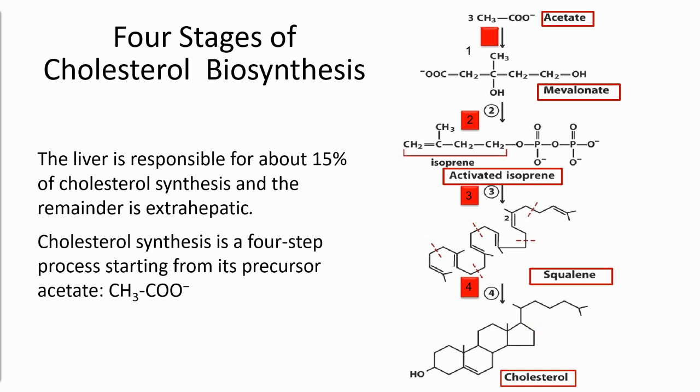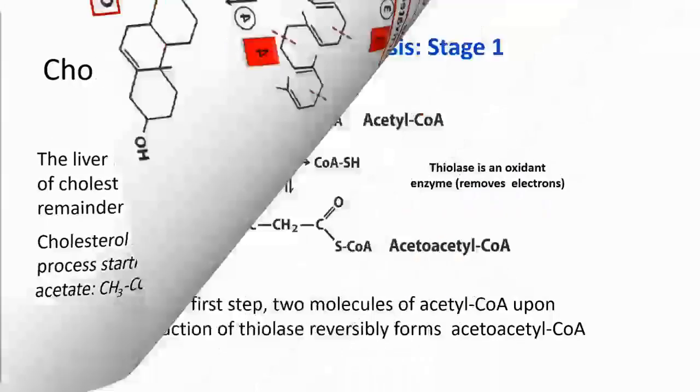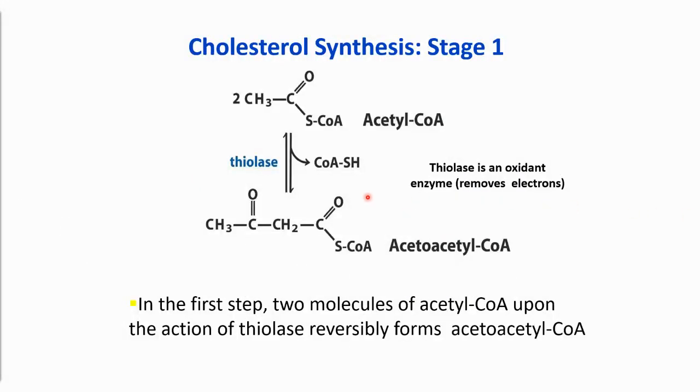So let's go to the different steps. Okay, so the first one is you have your acetyl coenzyme A. Now, if you will notice here, this is almost similar to fatty acid synthesis, right? Sorry, to the one that I mentioned earlier, which is in the fatty acid.